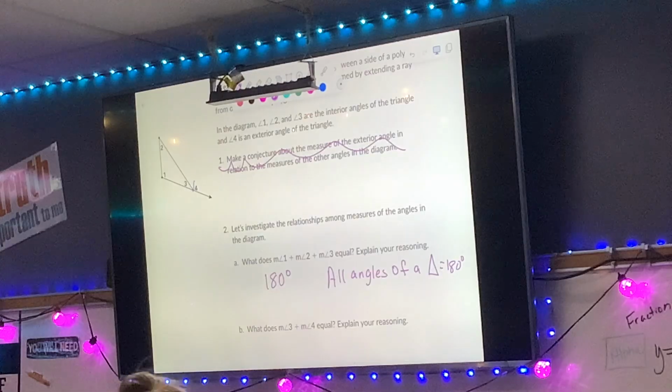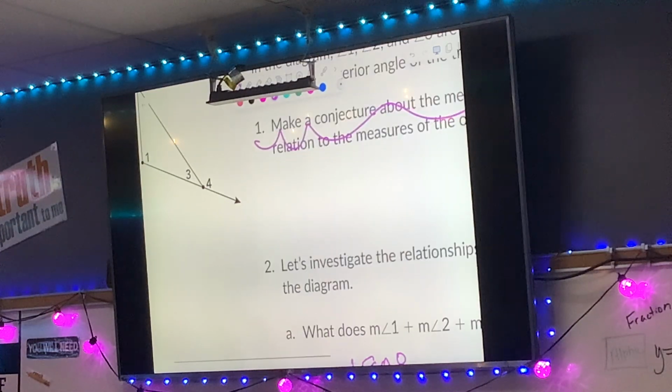Okay, let's see if y'all know this. Nobody's been able to answer this today. If I am looking at angle 3 and 4, what would those equal? 180. Why? Because it's half of a circle. Okay. Like it's a straight line. That is a straight angle. That's what it's called.